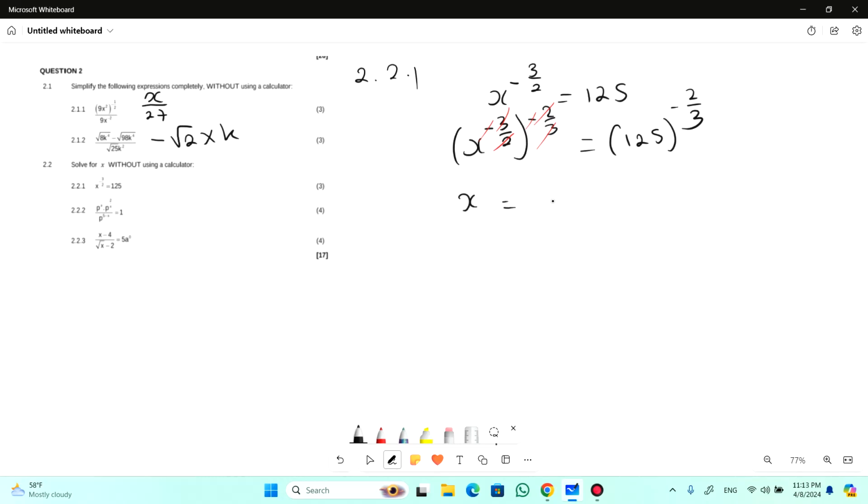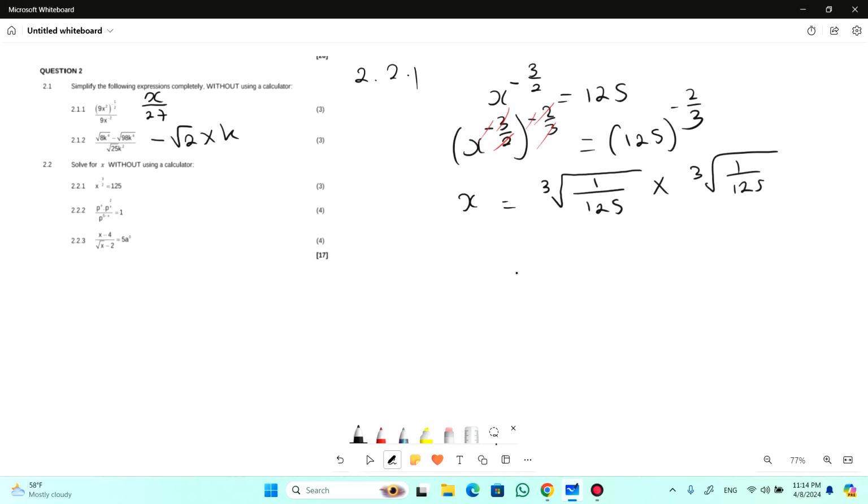And here, notice that we have the cube root of 125 times the cube root of 125. Rather, no, I'm sorry about that. Yeah, there's a negative, right? So meaning it's 1 over 125, times, yes, cube root of 1 over 125.